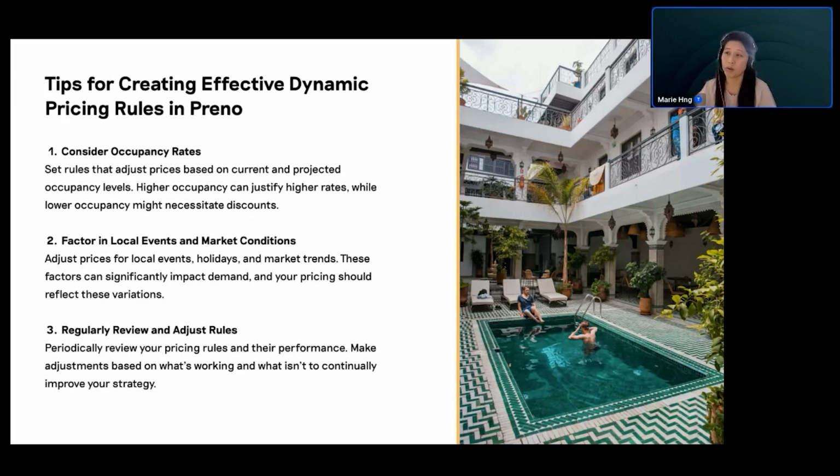But if it's low, you want to just adjust it accordingly and factor in how high you can go, right? Looking also at any events that are happening, any holidays, and making sure you adjust your rates accordingly, and also to review your dynamic pricing on a regular basis.